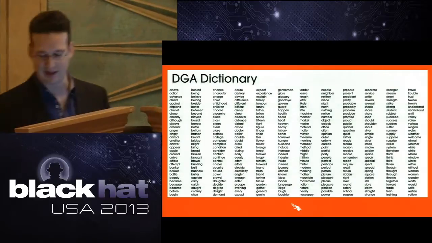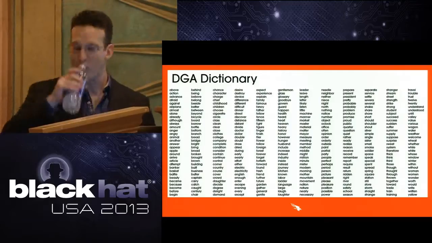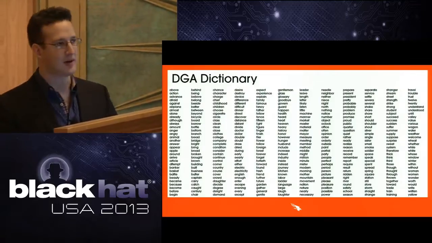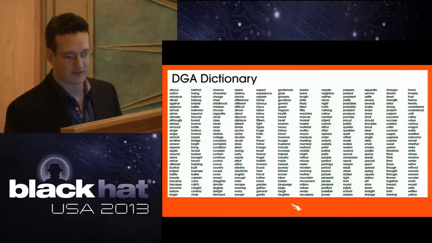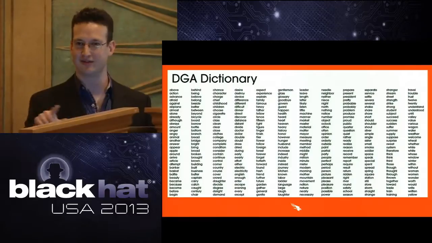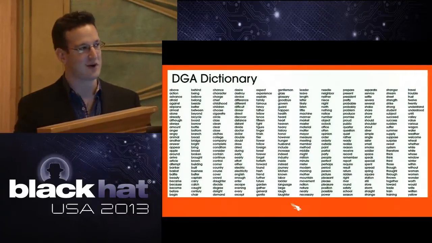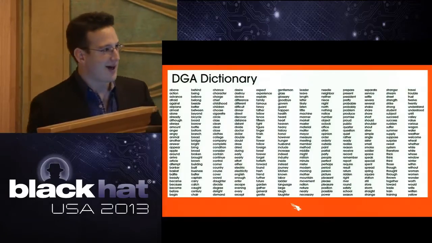And here's the list of 384 words. Now, as I just said, it combines 2 of these words together to make a domain name. And 384 squared, anyone? No? No, okay. No one got it. 147,456 possible domain names. That would be a lot to monitor.